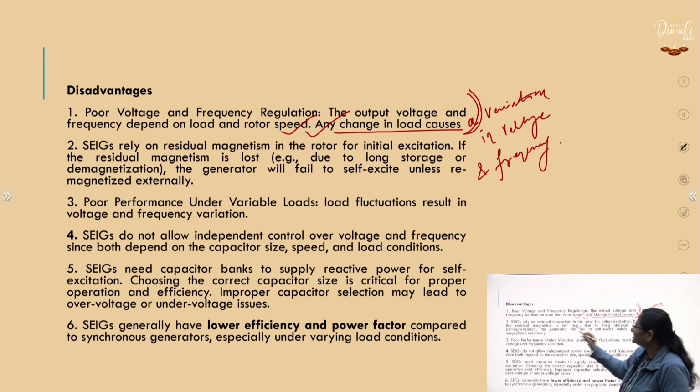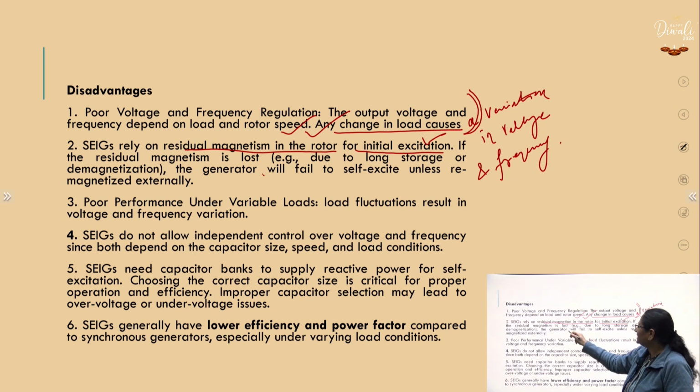These generators rely on residual magnetism in the rotor for initial excitation. What can be the reason for losing the residual magnetism? It is due to long storage or demagnetization of the generator.